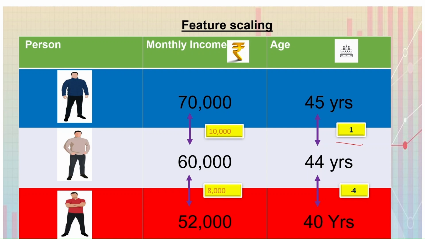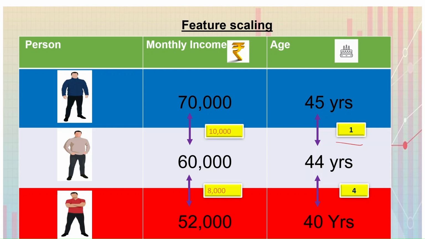Now, what's going to happen? Unscaled, we see the raw values. The unit value of one column can be so much larger than the other that it might overpower it. For example, 10,000 and 8,000 are much greater than the values of 1 and 4.